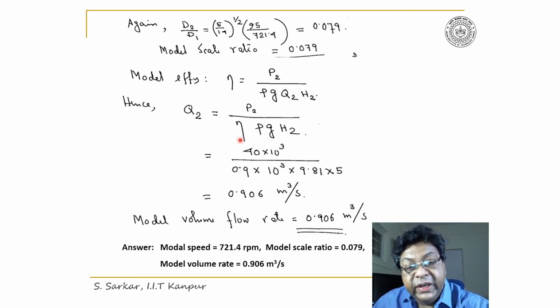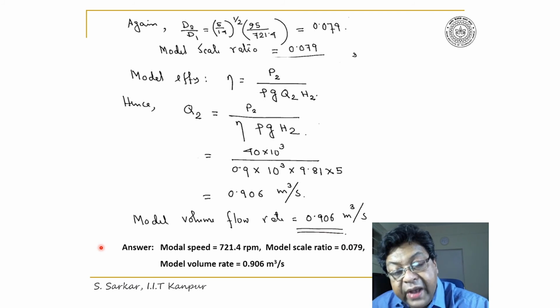Now everything is known here. P2 is 40 kilowatt, H2 is 5. So if you put all the values, you will get Q2 as 0.906 meter cube per second. Thus, the model flow rate is 0.906 meter cube per second. Thus, I got the answer.